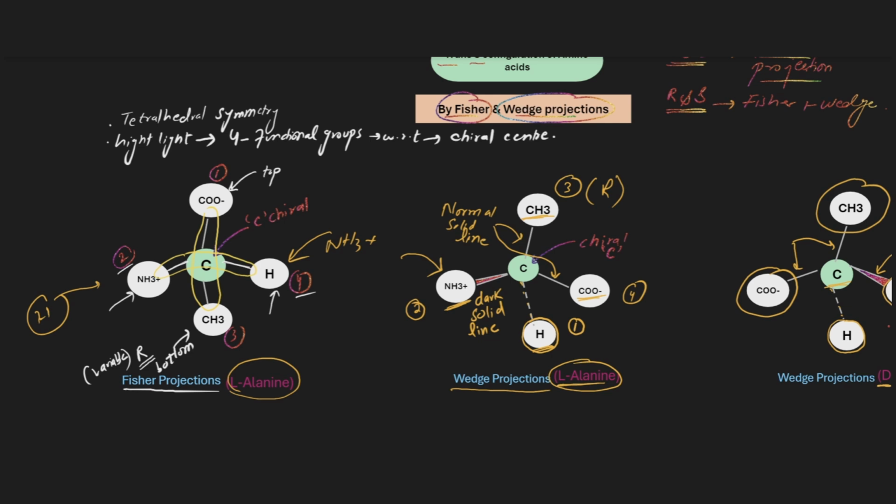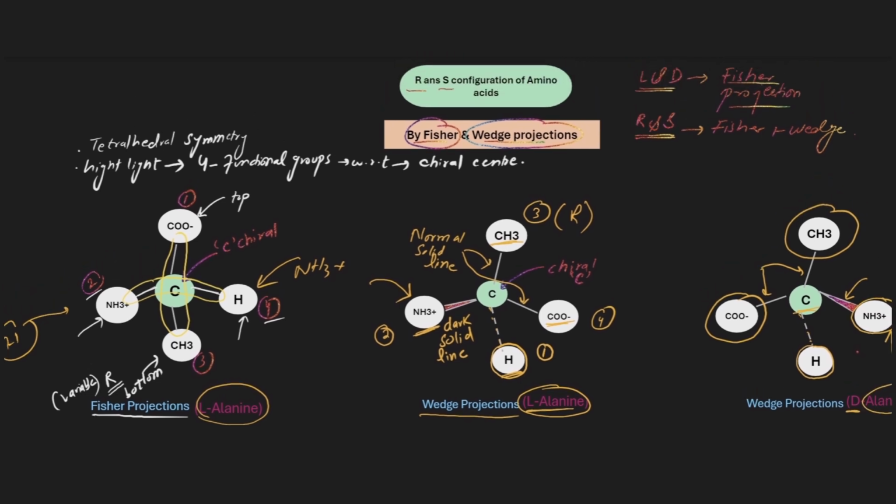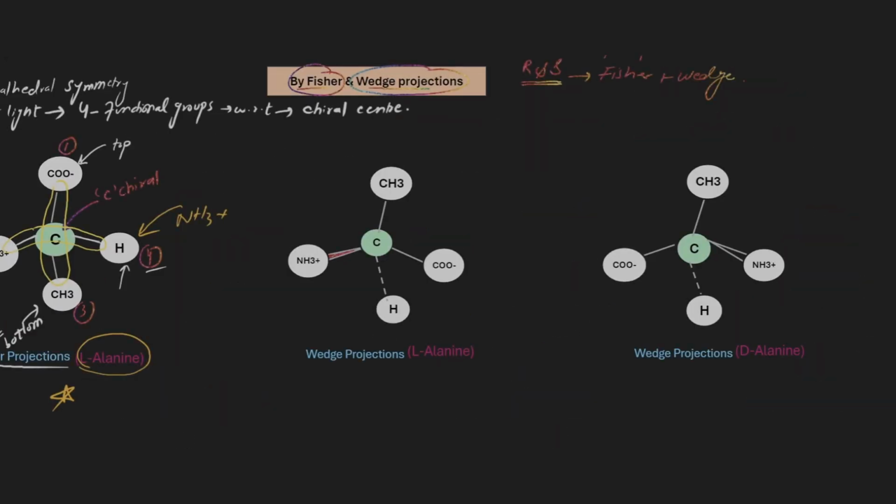So now, if you are given an amino acid, whether in the Fisher projection form or the wedge projection form, you could be asked to tell whether this amino acid is in the R configuration or the S configuration.